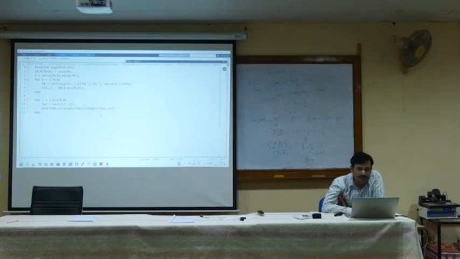So this is a simple M file where I am taking the size of H.